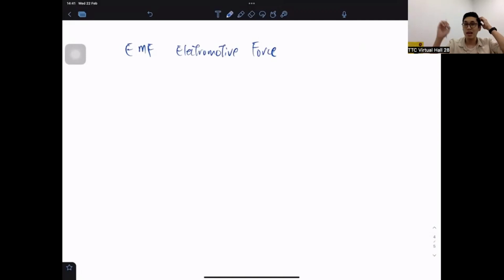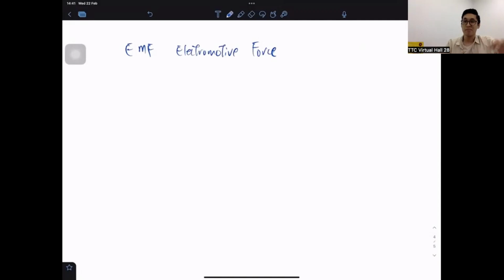Okay, but EMF, right, is the total voltage, we can say, the total potential difference, the voltage of the electric source, the voltage of the battery, right? So that means if let's say I say my battery is 9 volts, the EMF is 9 volts.